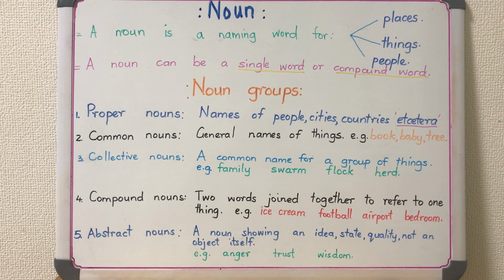Here I have given 5 groups, but like I always say, this is not an exhaustive list. This is not all the noun groups that we do have. This is just the tip of the iceberg. As you go out, as you read, as you do your work in English, you will definitely come up with so many other groups.